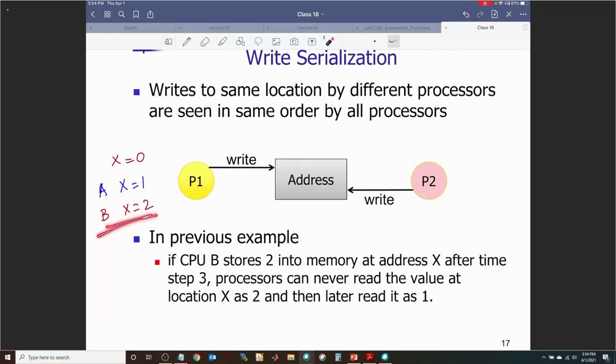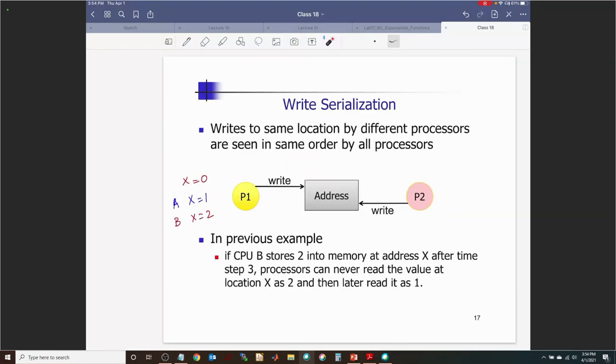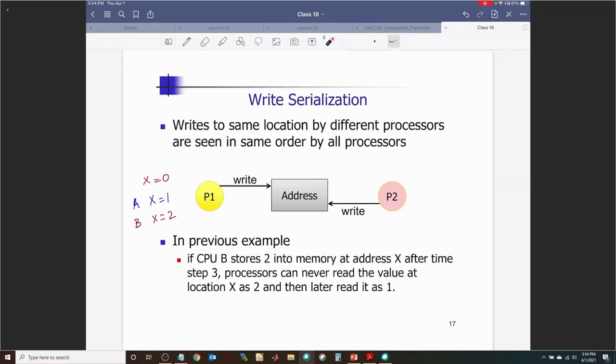After it says X is 2, no processor should be able to read this 1. It should say X is 2. That's what that means. So they should see that writing happen in the same order. I'm of course referring to all the other processors. All right. So if these three criteria are satisfied, then we call it a coherent cache system.